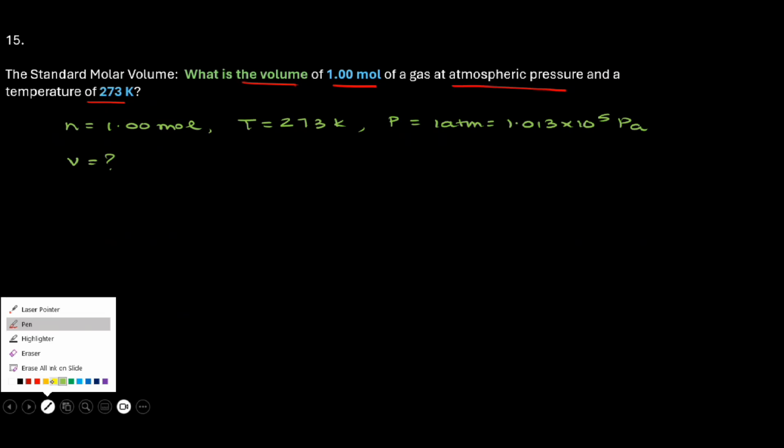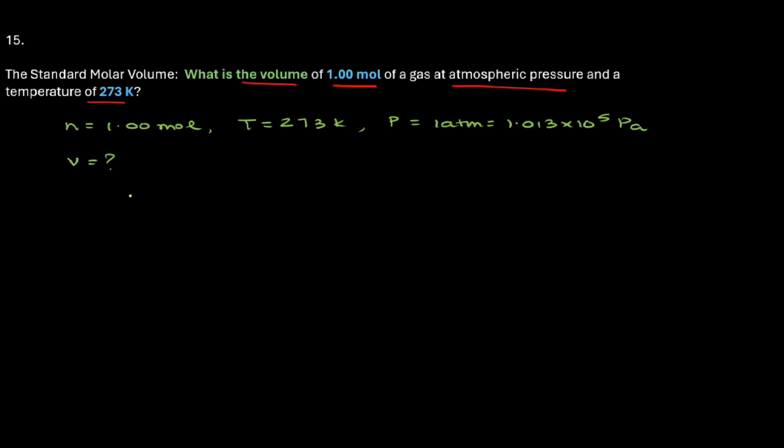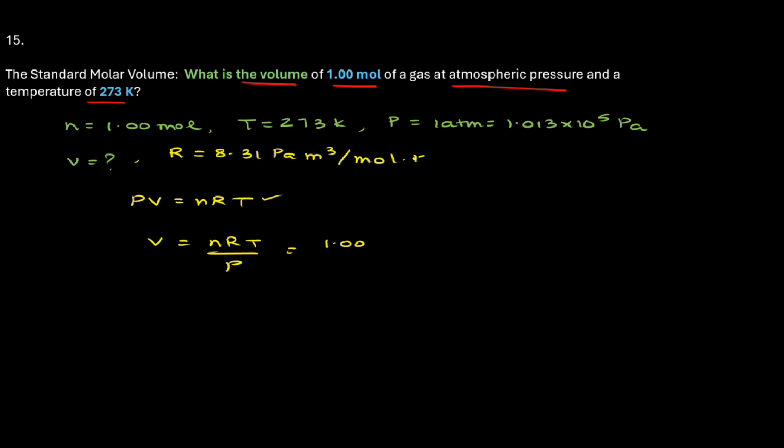To solve this, we will use the ideal gas law equation, which says PV equals nRT. I want to find the volume, so I will divide by the pressure P: V equals nRT over P. Again, if you do not want to rearrange the term, you can substitute all the values here and shift solve. So now substitute. Number of moles is 1. R is the ideal gas constant, and the value of R is 8.31 Pascal meter cube per mole Kelvin.